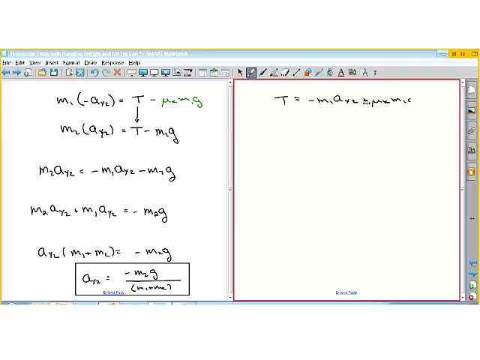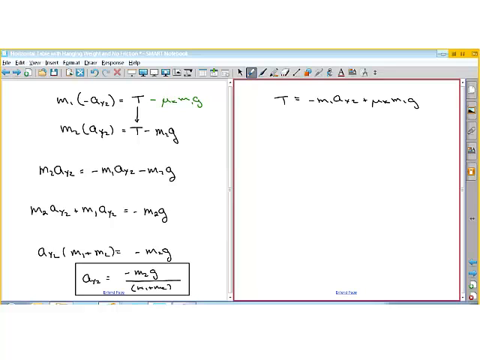So that's what the tension is, based on the sum of the forces in the x direction. That's where that came from. This substitution here I still did, and it still applies.